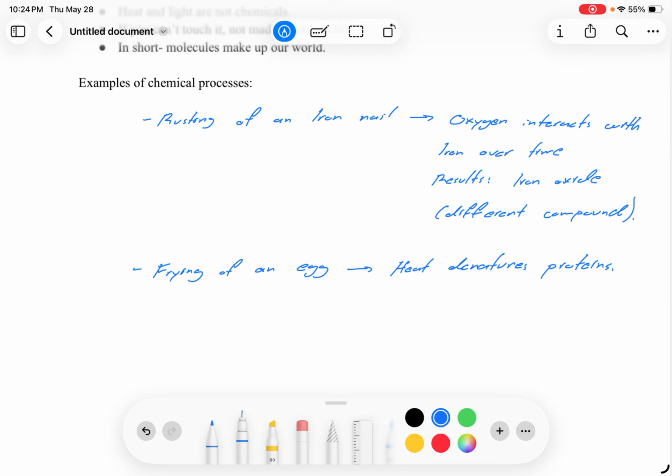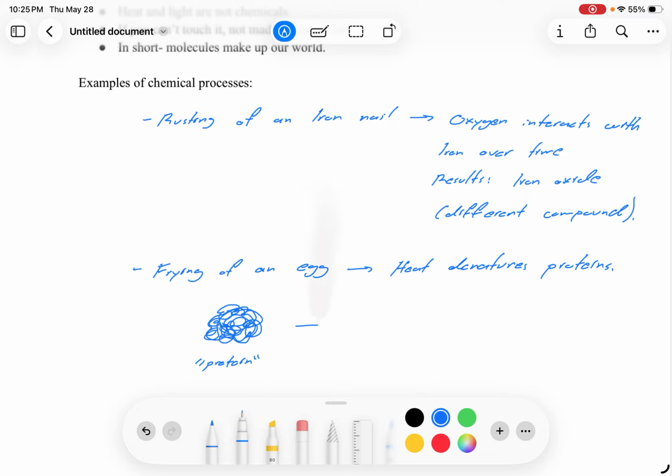So just pretend you have a ball of yarn, and it's all like this. That is a really simplified explanation of what a protein would look like structured, right? So there's your protein.